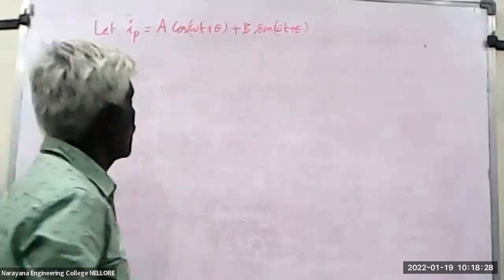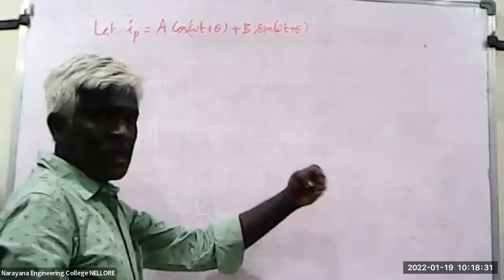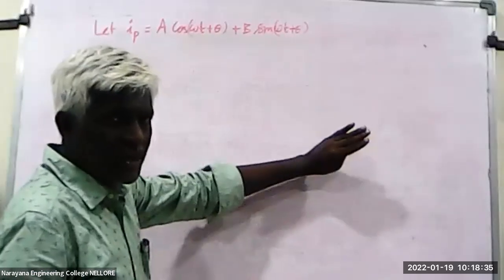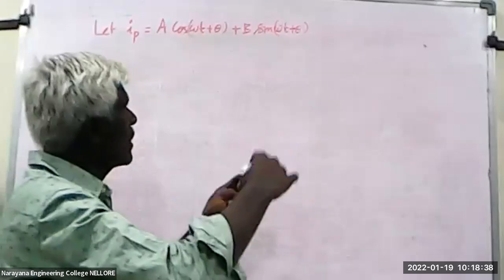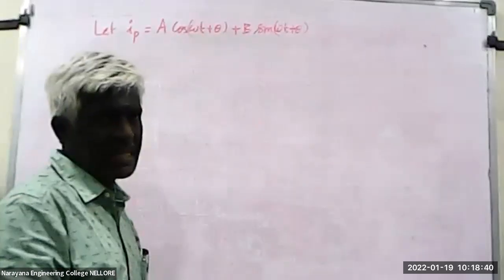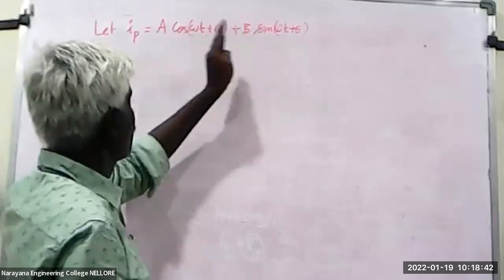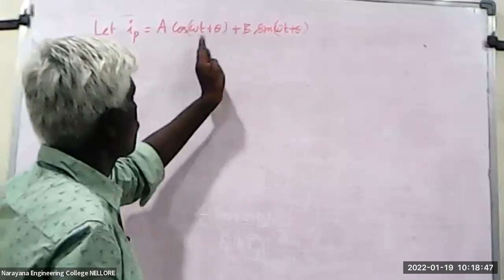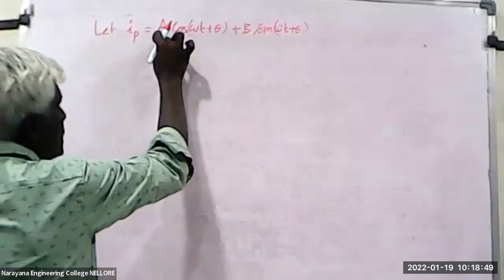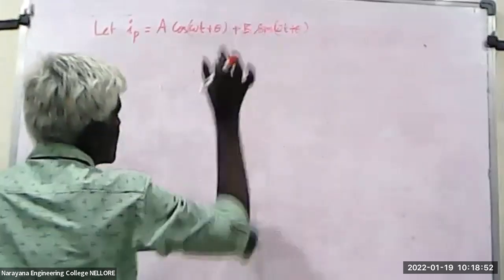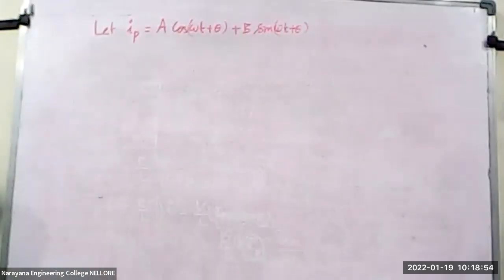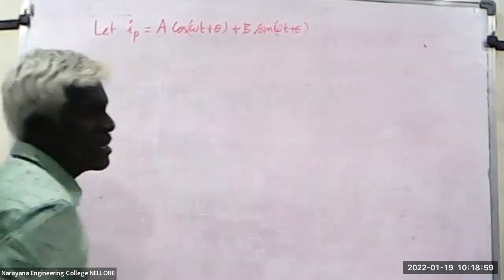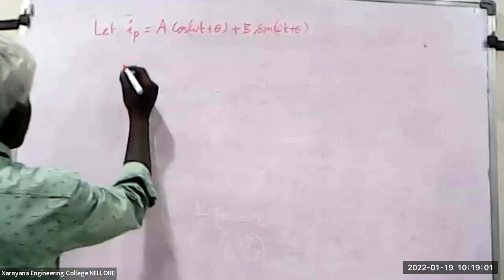When we apply the voltage, it may be having a cosine form, okay? But when you see the current, it may take a combination of sine and cosine sometimes. So we take the standard form of the current, that is the steady state, it will take both the parts. So we are going to find out how much the cosine part and how much is the sine part by finding out A and B. Just take, let IP is equal to A cos ωt plus B sin(ωt + θ).